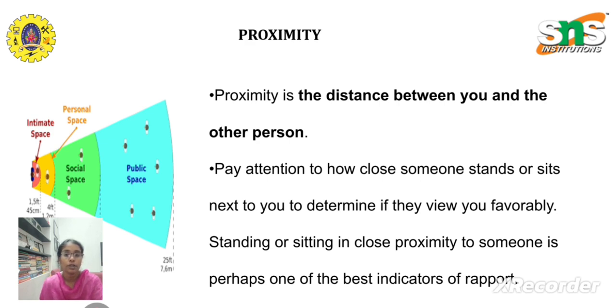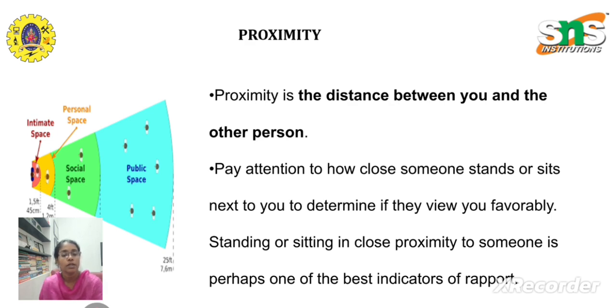If you're meeting a person for the first time, remember this space that you should maintain between you and the other person, a distance where you can look face to face and communicate. That will bring ease in your communication. And then social space, I told you, is 4 feet distance that you should maintain.